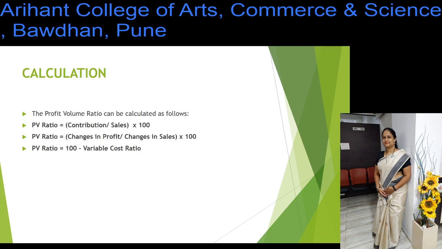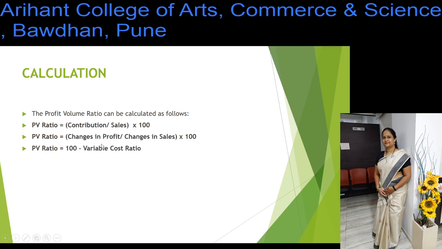Now, how to calculate profit volume ratio? There are formulas. First is contribution divided by sales into 100. This is the normal formula. But if no direct value is given and data of two years is given, you need to apply the second formula, change in profit divided by change in sales.